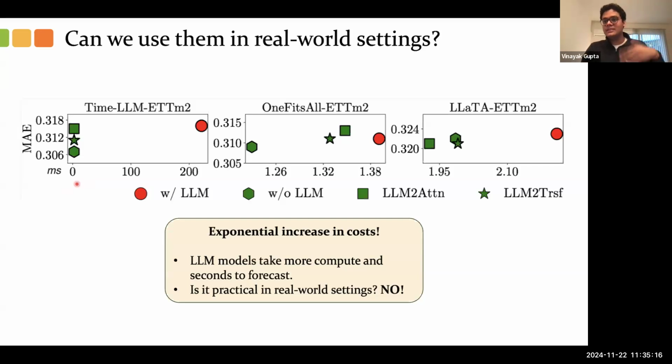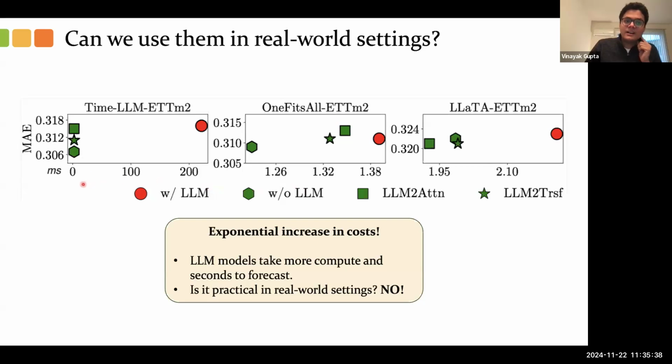For example, how much time does it take for the model to predict what the future time series will be? We found that LLM models, due to their huge sizes and compute nature, took a long time to give you the forecast. But the gains were actually quite insignificant. In most cases, it is actually pretty bad.